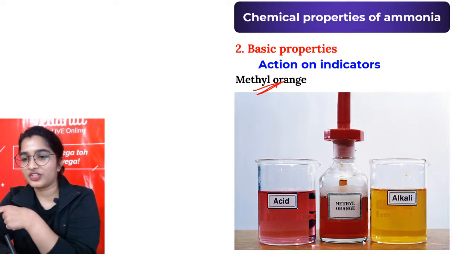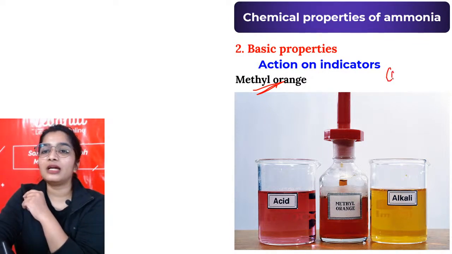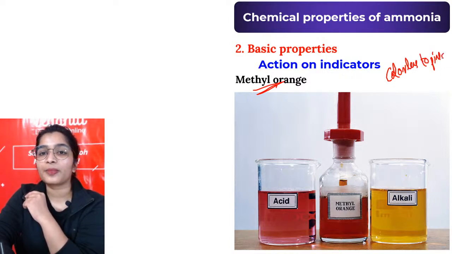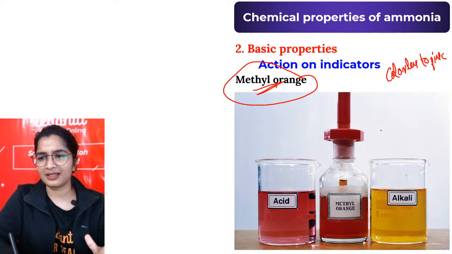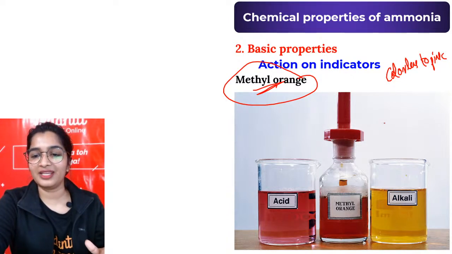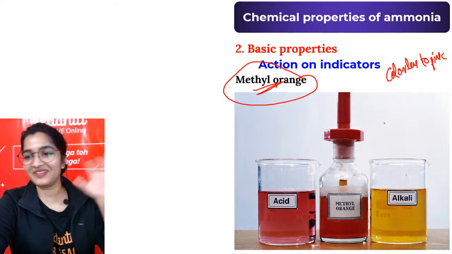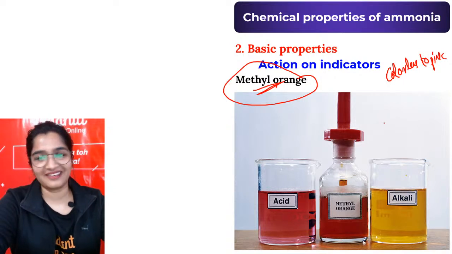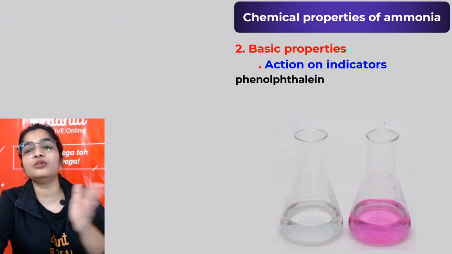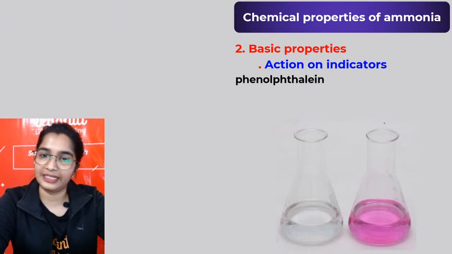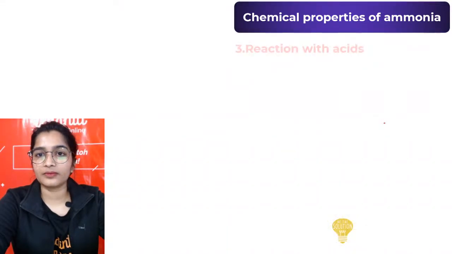Phenolphthalein is colorless to pink. Very good. This is something everyone knows. Indicators, yes, we are perfect in that. So phenolphthalein is colorless to pink as it is basic in nature.